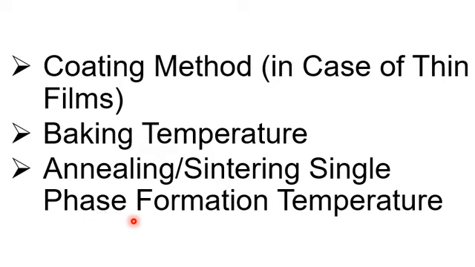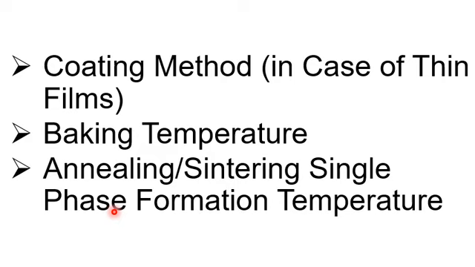Usually the solid form of sol gel is basically kept between 800 degrees centigrade to 900 degrees centigrade for 30 minutes to 1 hour, and then it is converted into pure single phase iron oxide, because due to the high temperature the organic component of the dry gel is removed and we get a single phase iron oxide nanoparticle.